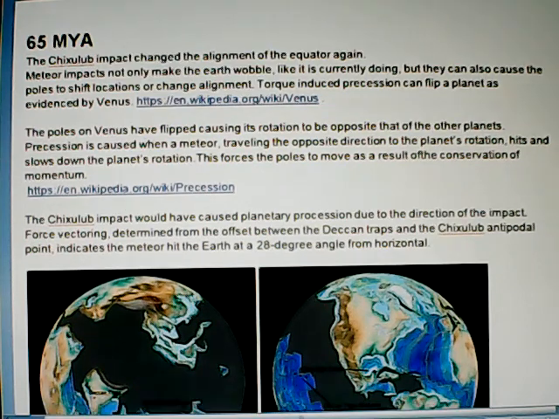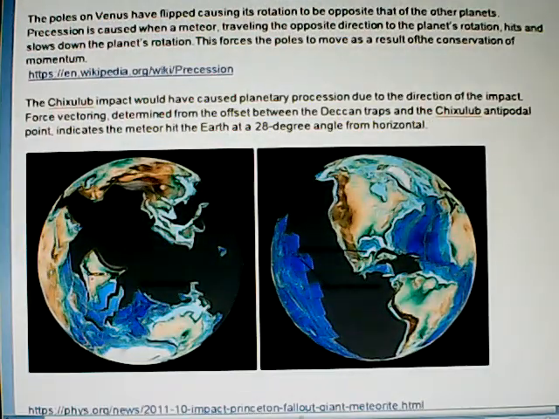Chicxulub impact would have caused planetary precession due to the direction of the impact. Force vectoring determined from the offset between the Deccan traps and the Chicxulub antipodal points indicates the meteor hit the Earth at a 28-degree angle from horizontal. So here we have the antipodal point, or direct opposite point from the Yucatan impact.